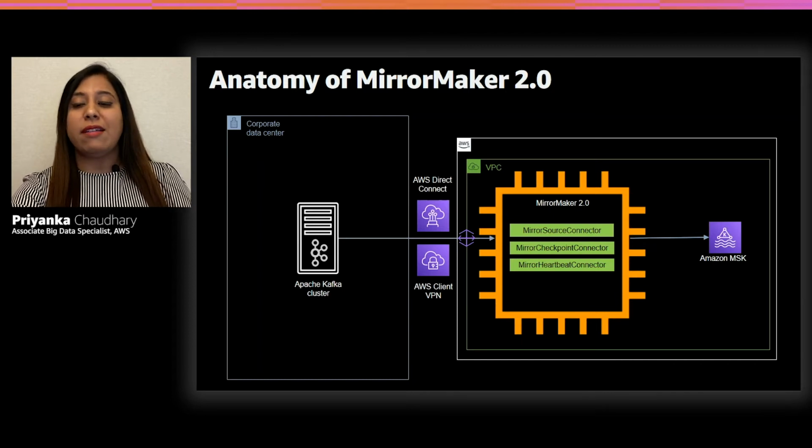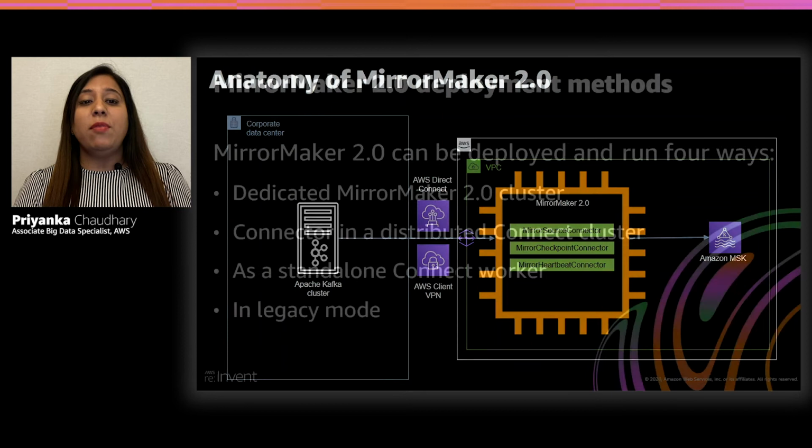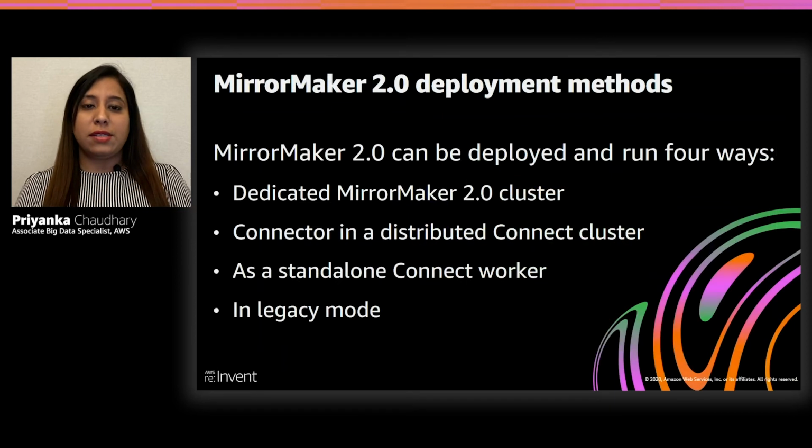The mirror heartbeat connector emits the heartbeat topic to the destination cluster and can help in demonstrating the connectivity between the connector and the source and destination clusters. So with the help of those three connectors, it can be very easy to maintain data replication between multi-node clusters.